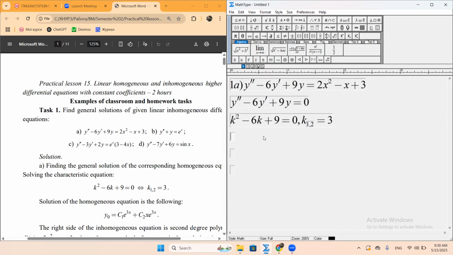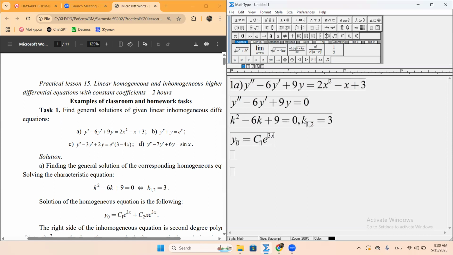And then how do we write the solution? As the roots here are real numbers, non-zero, it will be written in the following form. y0, marked as the solution of the homogeneous equation, equals c1 e to the power of 3x.